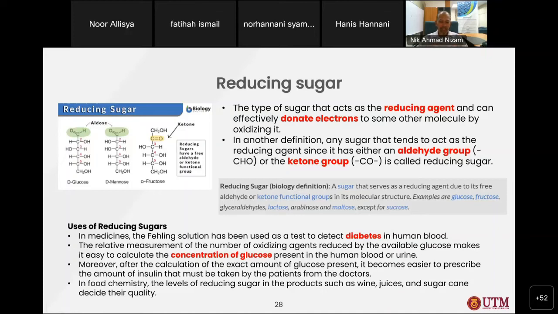It's a little bit complicated actually. It is a reducing sugar, it is a reducing agent. The purpose of a reducing agent is for the reduction of one product into another product. So that's a reduction reaction with the help of the reducing agent. So this sugar is a reducing agent.